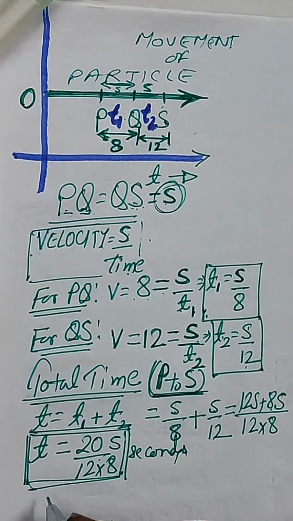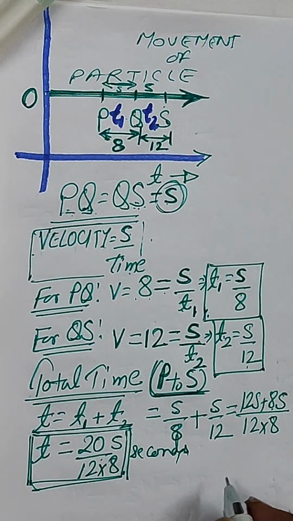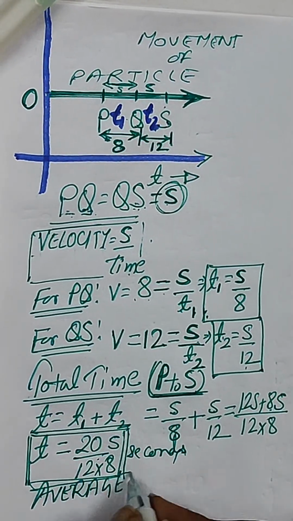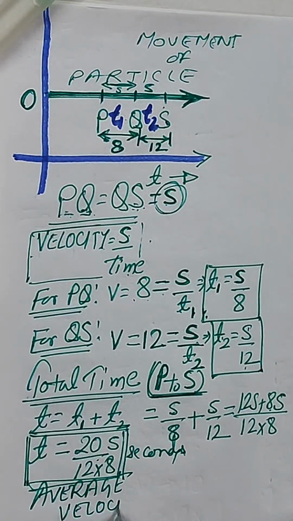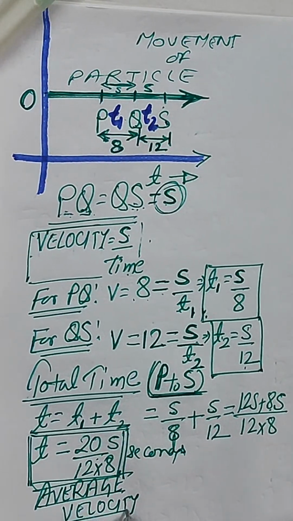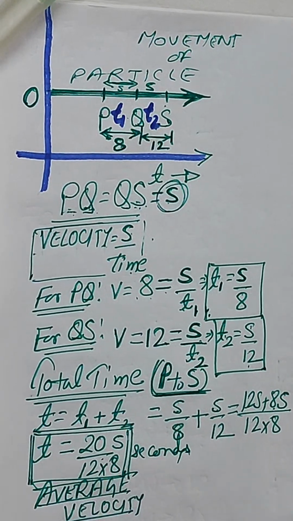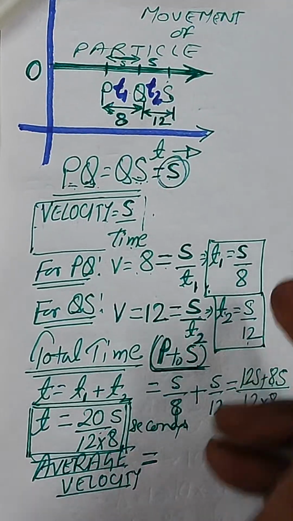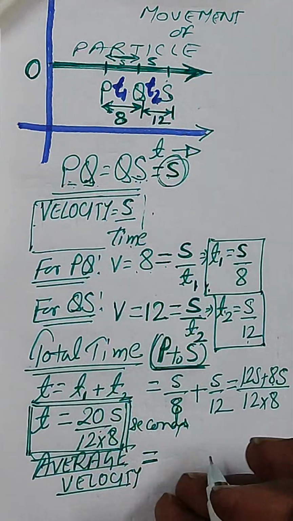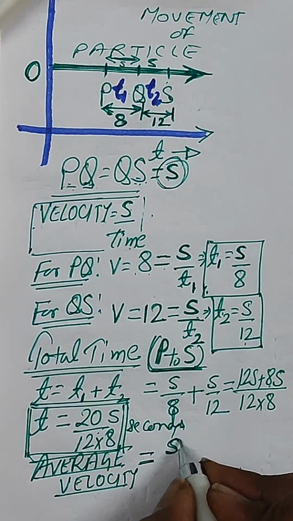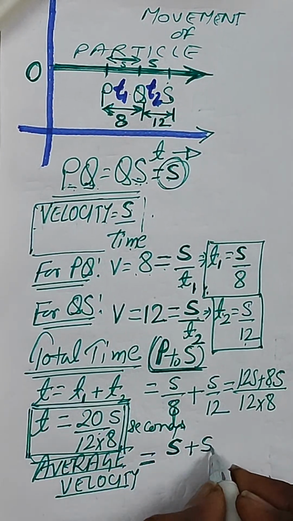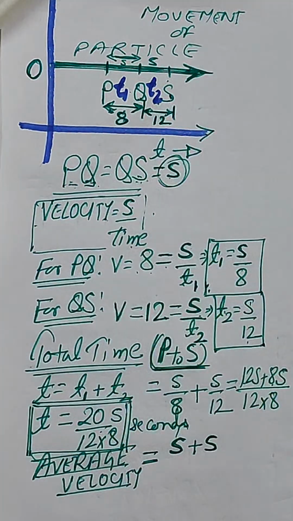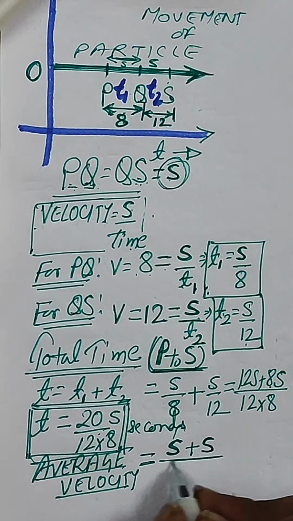Now, what is the average velocity? Average velocity is calculated by nothing but the total distance, that is the total displacement from P to S, which will be S plus S, because 2 times S will be covered over here, divided by the total time.